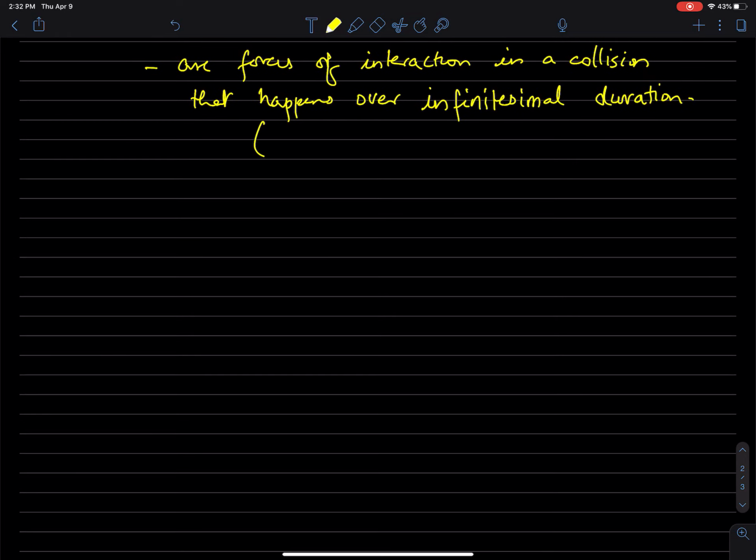So basically t2 or t final is almost the same as t initial.